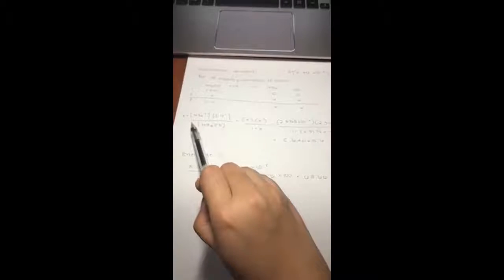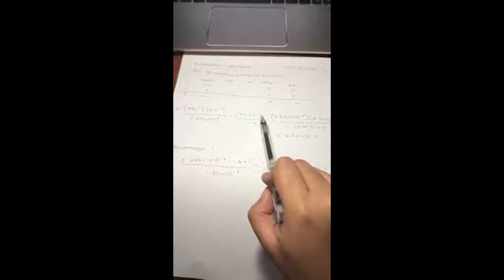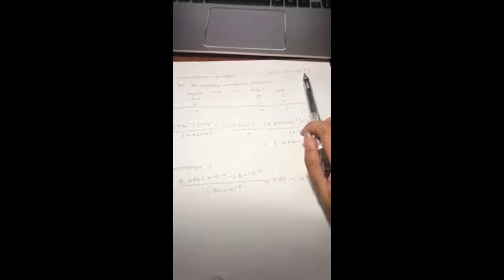Write the chemical equation for the dissociation of ammonia into ions in aqueous solution. Using the ICE method, we get K is equal to the right side over the left side, which is also equivalent to X times X over 1 minus X. The X value was determined using the graph earlier, which is 2.372 times 10 raised to negative 3.